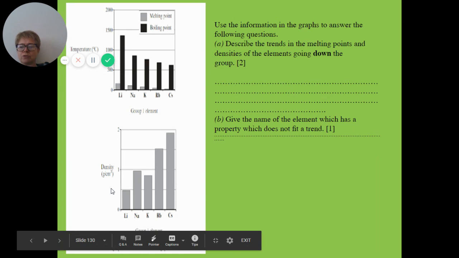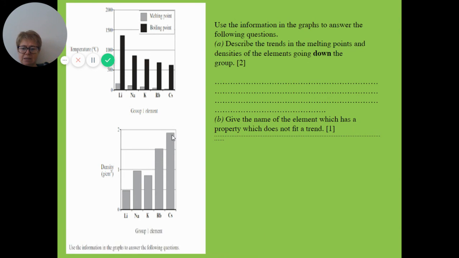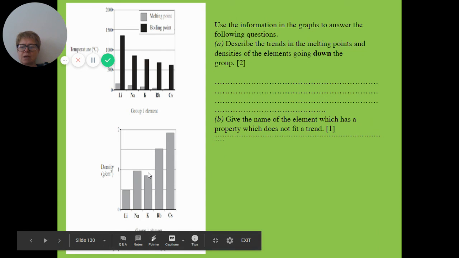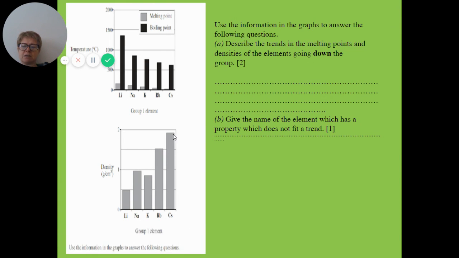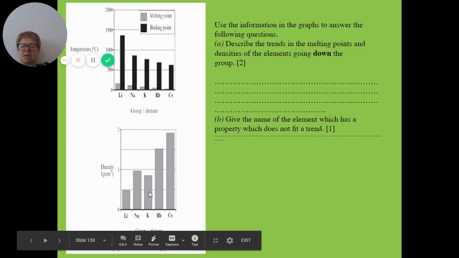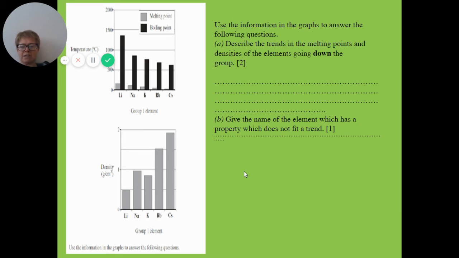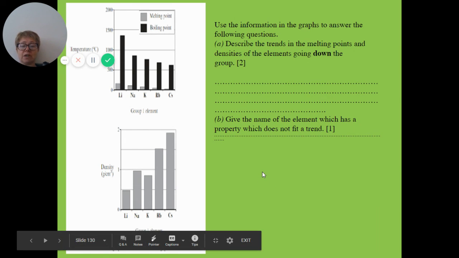And then overall, the trend in density is that there is an increase in density as we move down the periodic table. But the one element that doesn't quite fit that trend is this one here. This one doesn't quite fit this increasing pattern, and that is potassium. So well done if you got those right, and hopefully if you didn't, you now understand what the answer should have been. That's the last task you're going to see on this video.